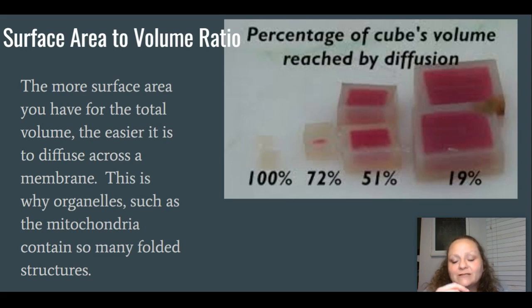So cells need to stay small so that they can actually diffuse items all the way inside. And if you look at this picture I've given you, the places where the gelatinous cubes are pink, that's where things can't diffuse to. That's where it can't reach. And so the tiny little cells, they have much better rates of diffusion and much better diffusion ability than larger cells.